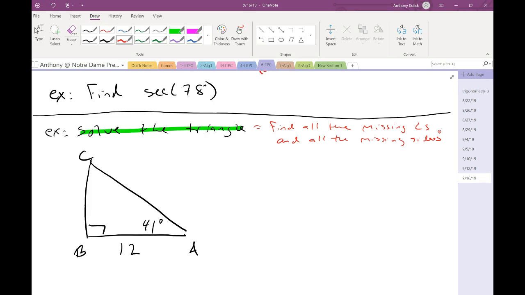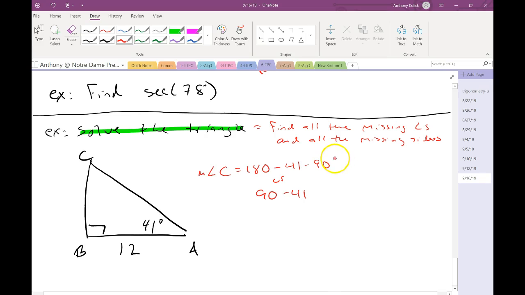So which of these is going to be the easiest thing to find first? The angle C. Very good. How do I find angle C? Or you could just do 90 minus 41. Same thing.